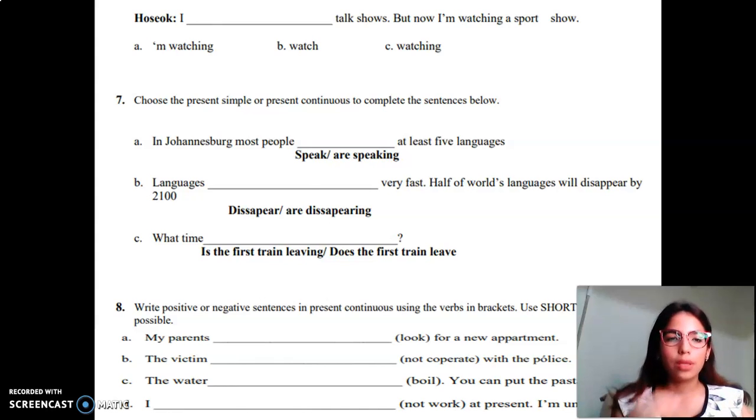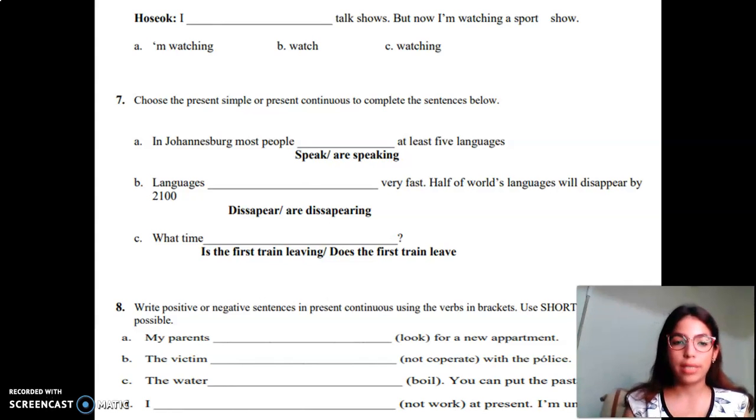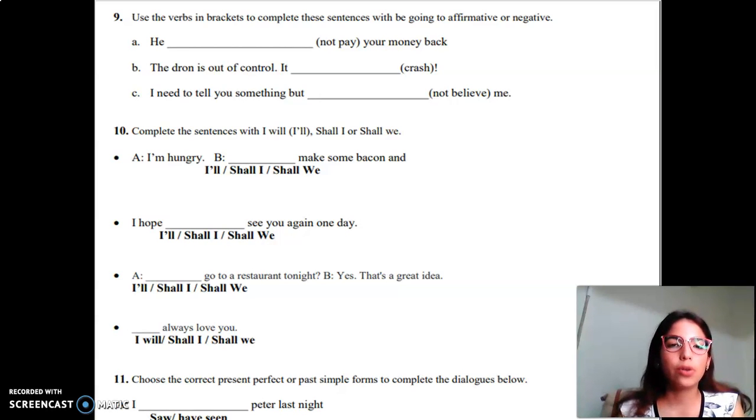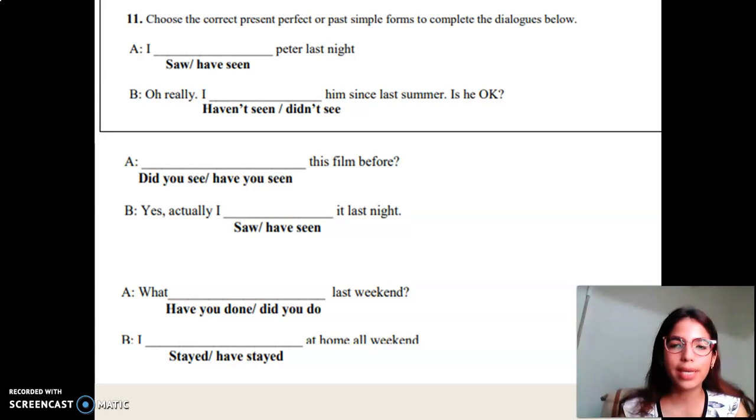Okay, so the other point is to write a positive or negative sentence in present continuous using the verbs given in the test. Here we also have to complete some sentences, and in the other points, as you can see, the student has to complete in the correct order, and in this way we can see what the level of the student is.